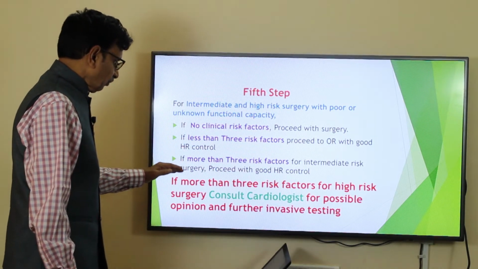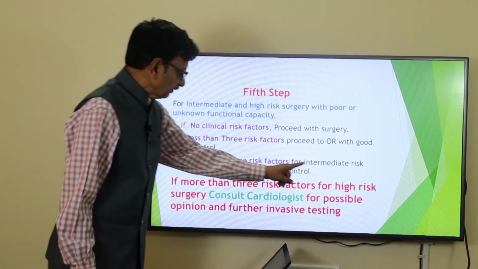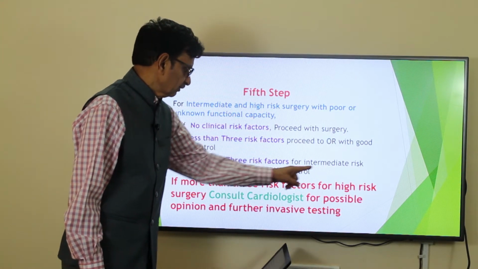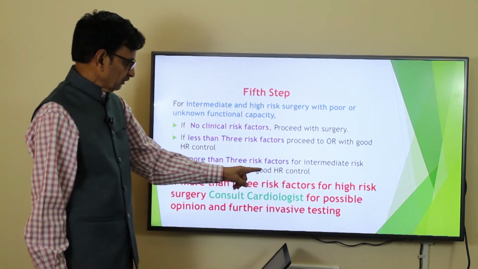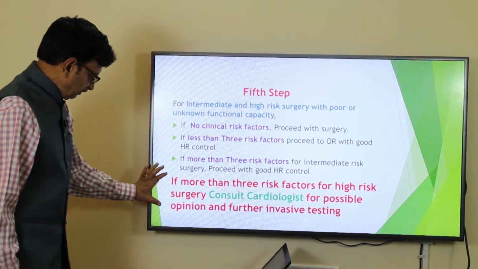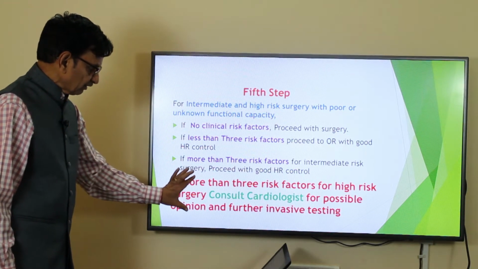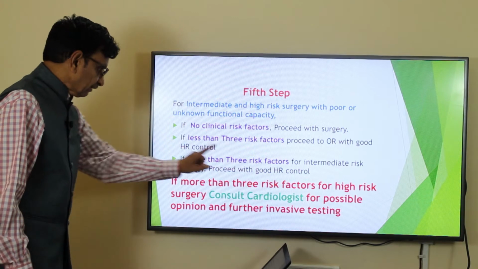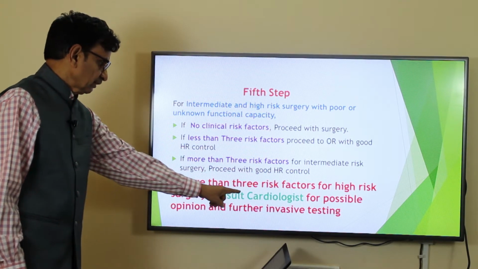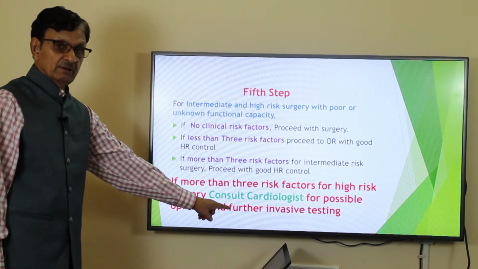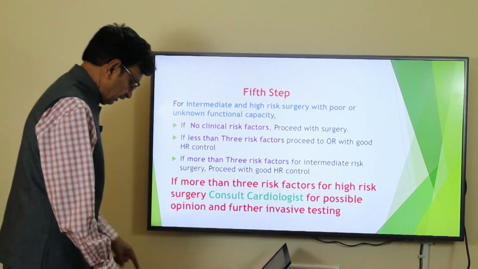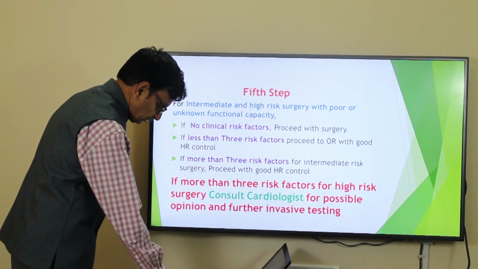Even if you have more than 3 risk factors, but only for intermediate risk surgery, not for high risk surgery, you can still proceed with good heart rate control. This is the main thing. If more than 3 risk factors for high risk surgery, you should be consulting a cardiologist for possible non-invasive testing and getting the cardiologist's expert opinion.